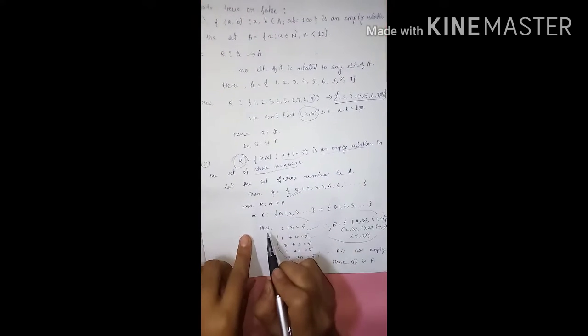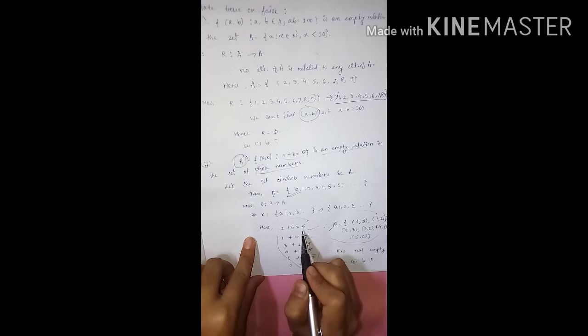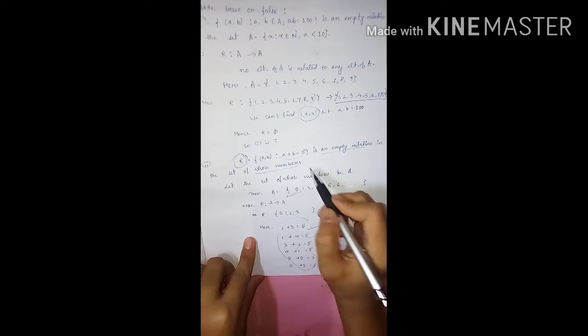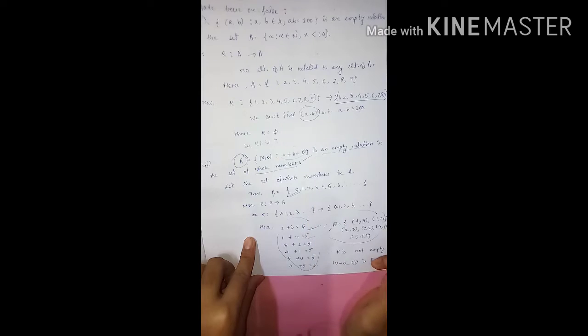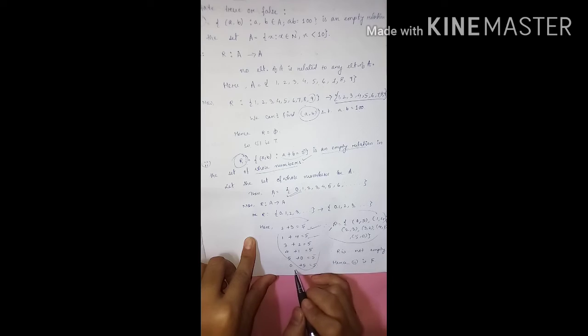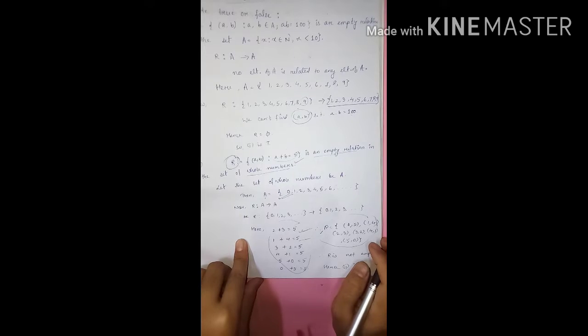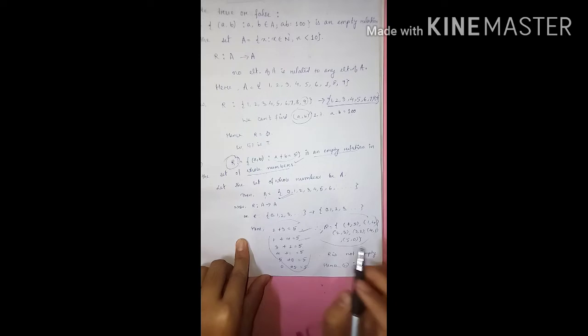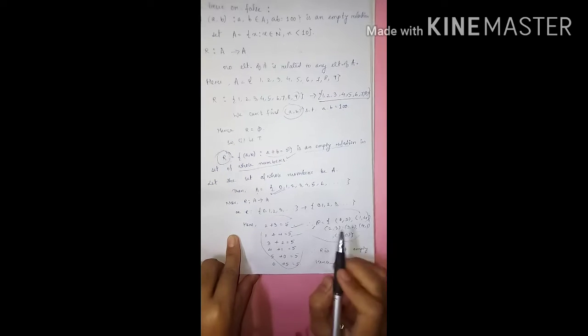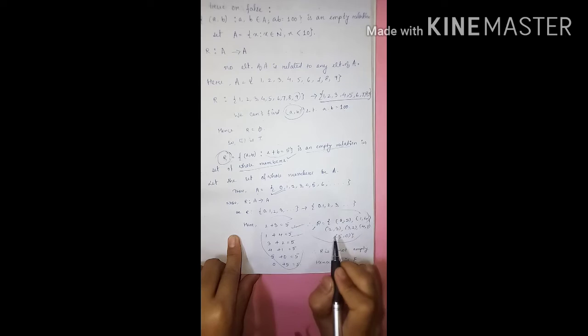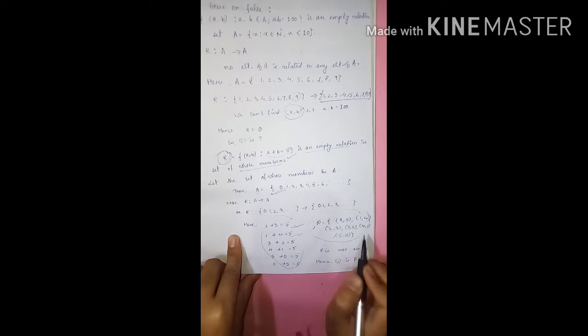How? Here 2 plus 3 equal to 5, which satisfies the equation. 1 plus 4 equal to 5, right? 3 plus 2 equal to 5, 4 plus 1 equal to 5, 5 plus 0 equal to 5, and similarly 0 plus 5 equal to 5 also. So the relation R, (A, B) such that A plus B equal to 5, contains some elements which are (0, 5), (1, 4), (2, 3), (3, 2), (4, 1), (5, 0).